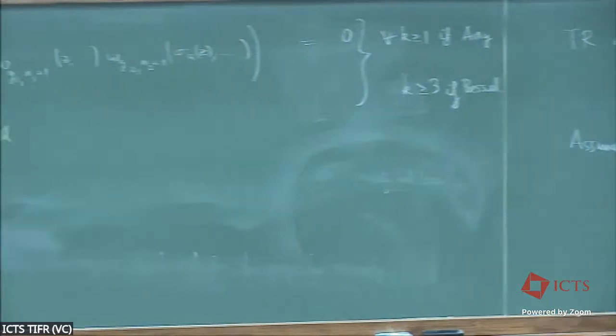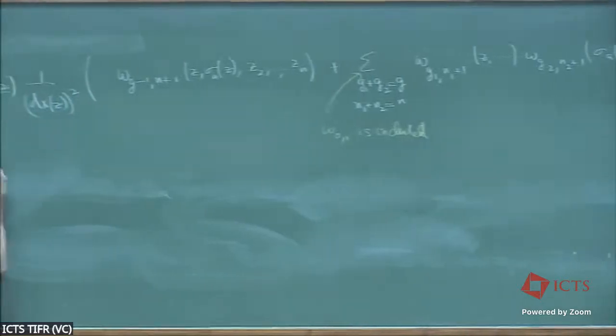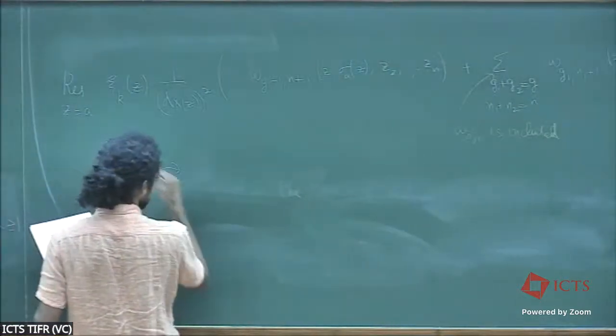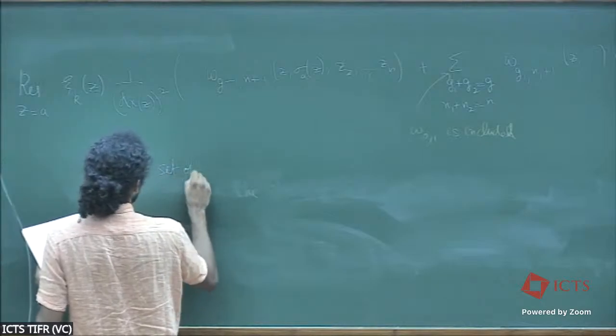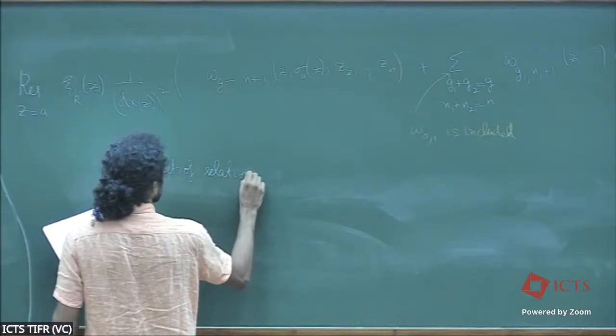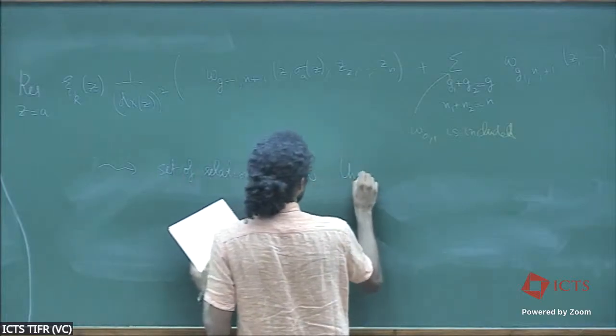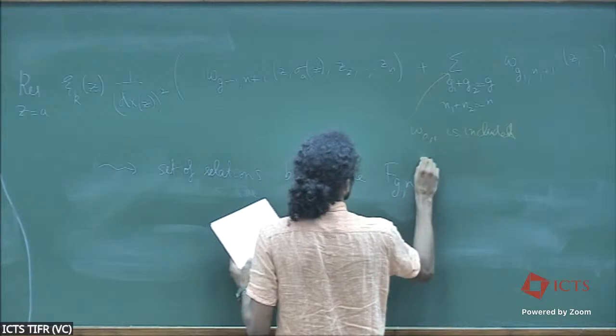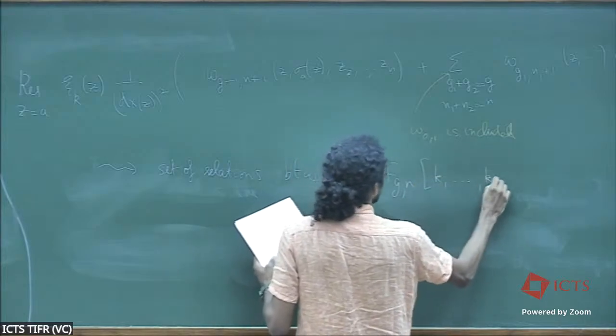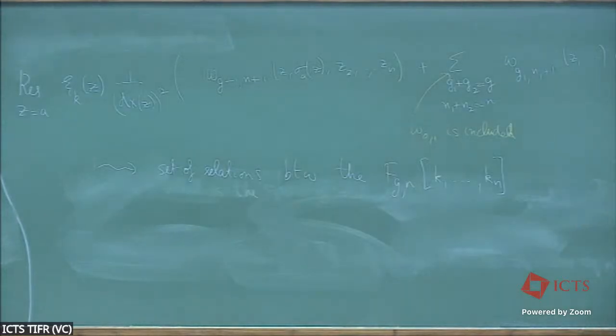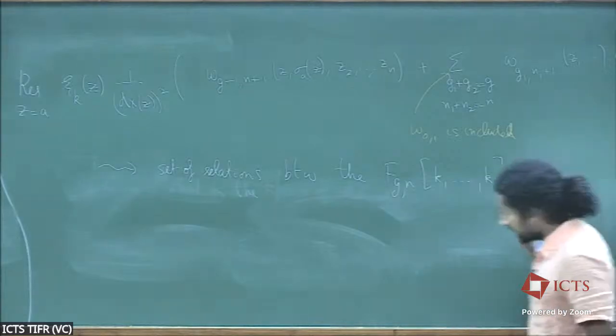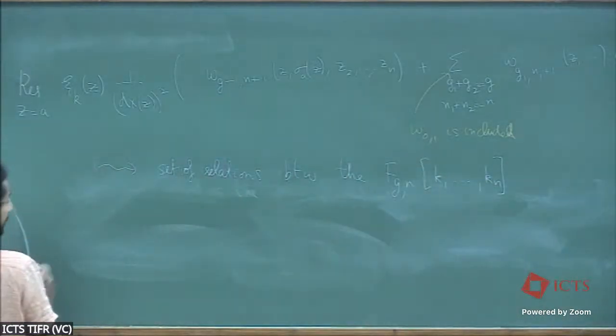As a consequence of these, I get a set of relations between the F g,n. Now this is some algebra. You get this set of relations between the F g,n, and you want to realize them as the set of relations that was coming from an Airy structure that Ale wrote down. So you had something like F g,n equals some stuff that had lower Euler characteristic. It turns out you can do that, and I'm not going to do this explicitly.